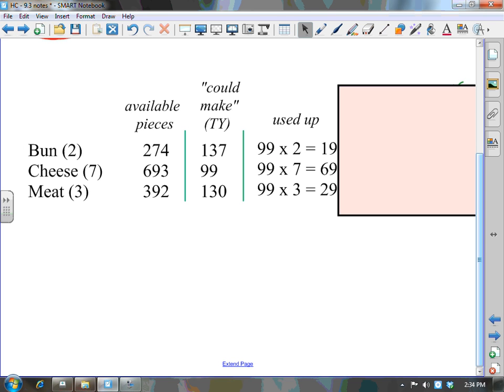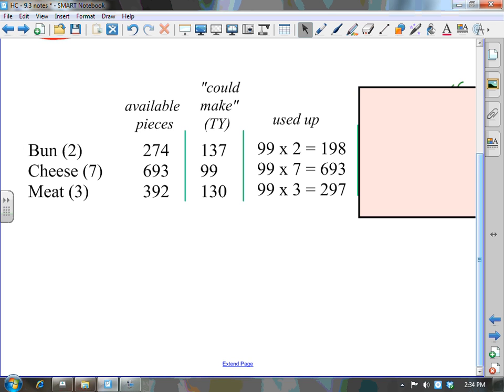So how much of the ingredients are we going to use up or consume? Given that we'll make 99 cheeseburgers, we're going to consume 198 pieces of bread or bun, 693 pieces of cheese. So we're going to run out, every piece of cheese gone, no leftover pieces, and then 297 pieces of meat.